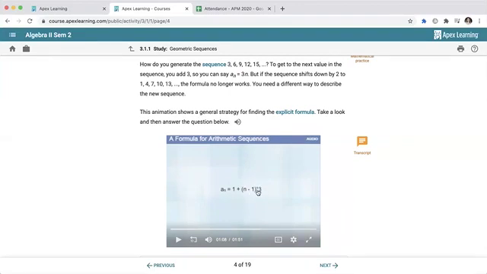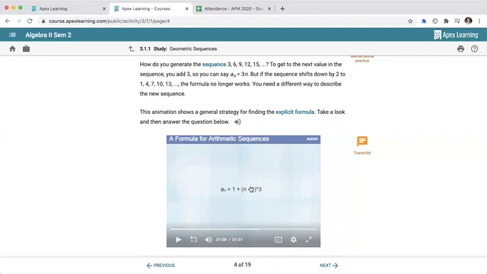And essentially, by doing this n minus 1, we're accounting for the fact that we shifted down by 2, but we're still starting at our value of 1.